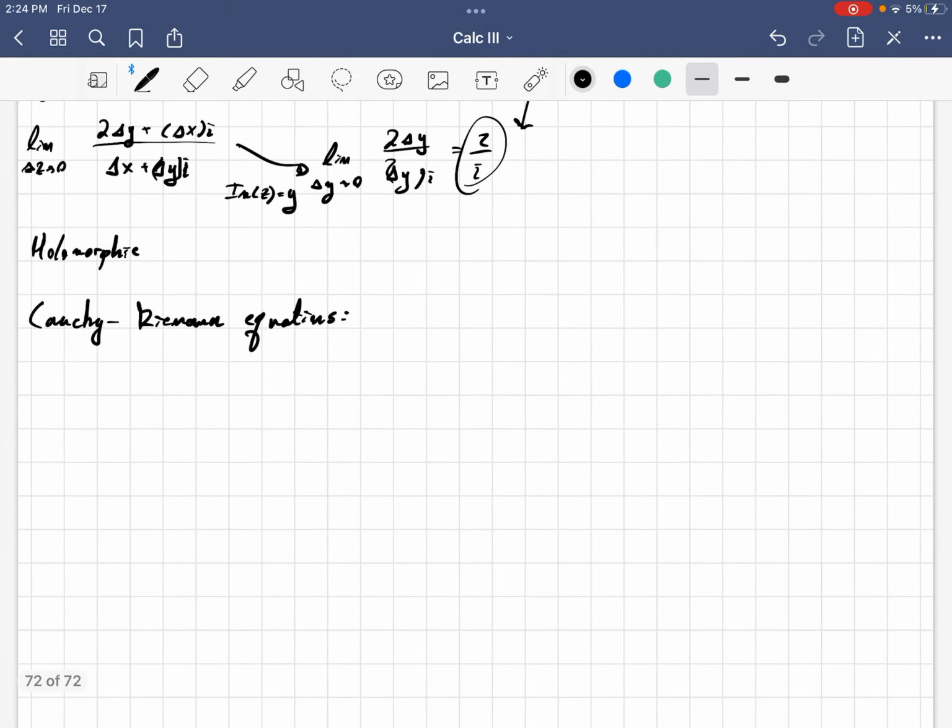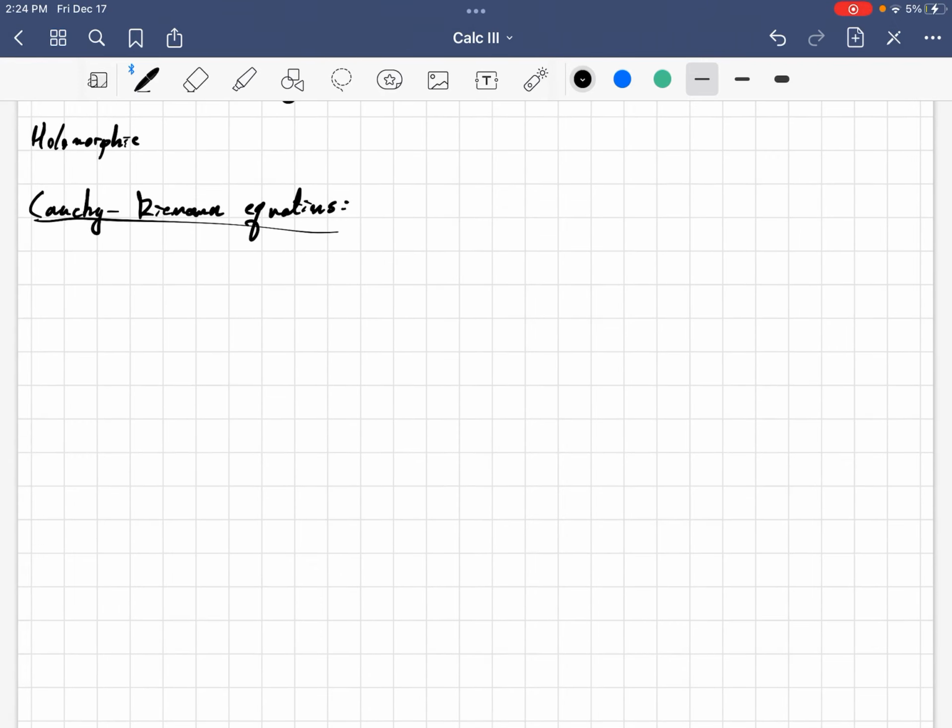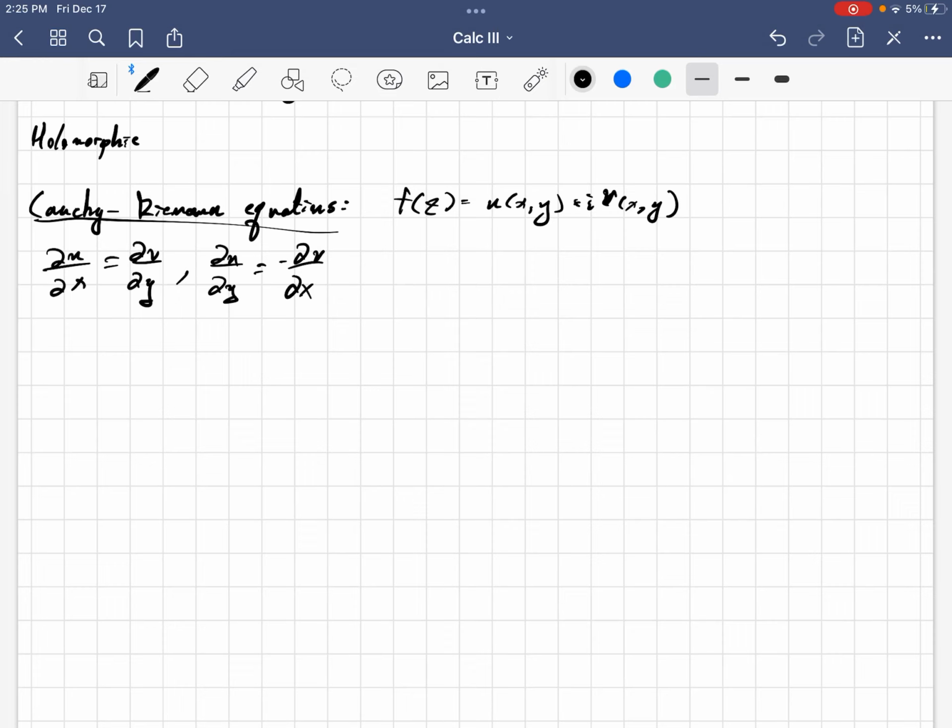So, the Cauchy-Riemann relations say that if we've got f of z, which is u of x,y plus i times v of x,y, then the partial of u with respect to x equals the partial of v with respect to y, and the partial of u with respect to y equals the negative of the partial of v with respect to x.